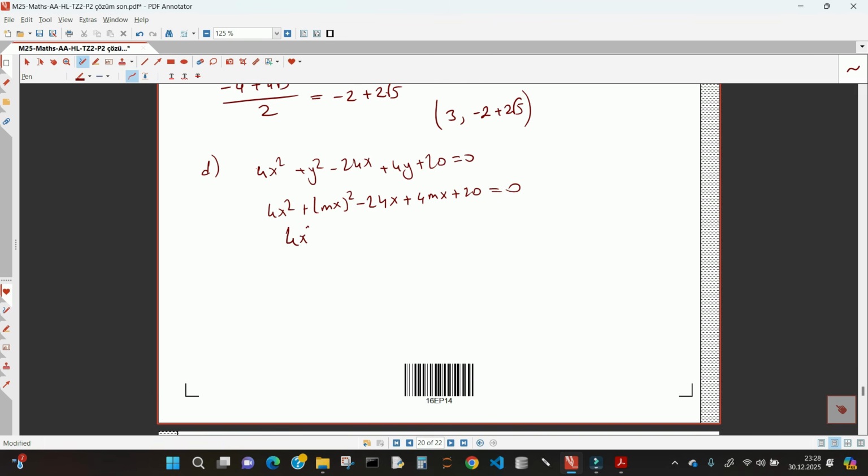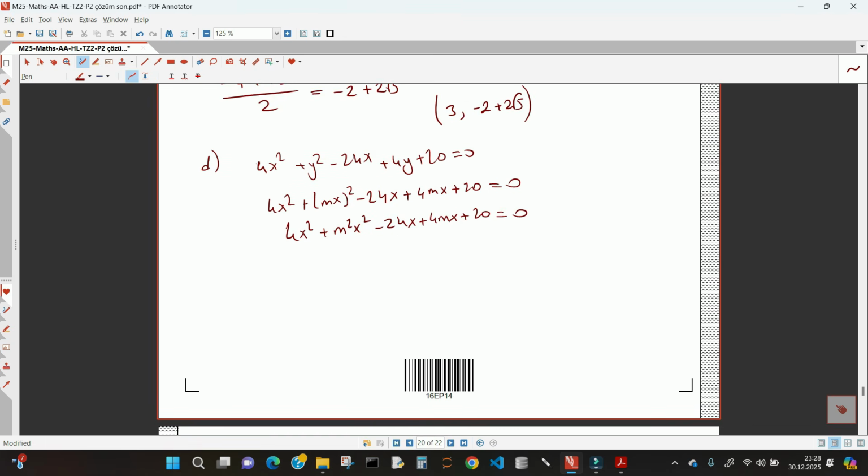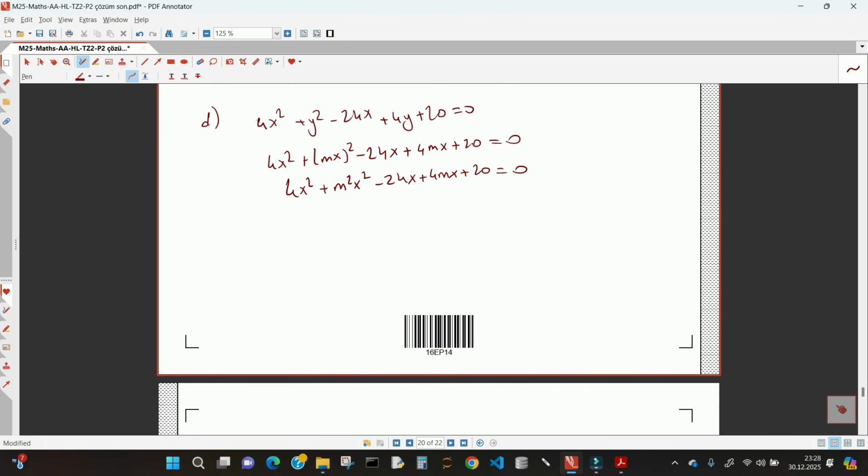It is 4x squared plus m squared x squared minus 24x plus 4mx plus 20, right? Let's combine like terms. For example, x squared in parentheses you can write 4 plus m squared, and x in parentheses 4m minus 24, plus 20 equals 0.